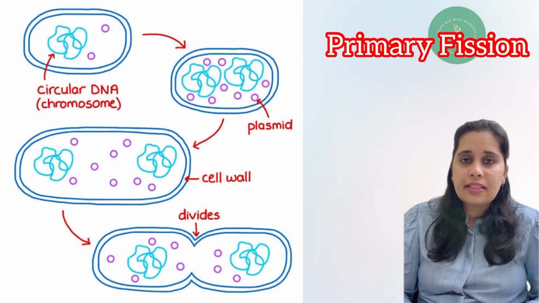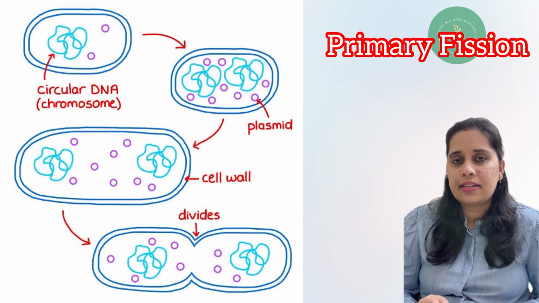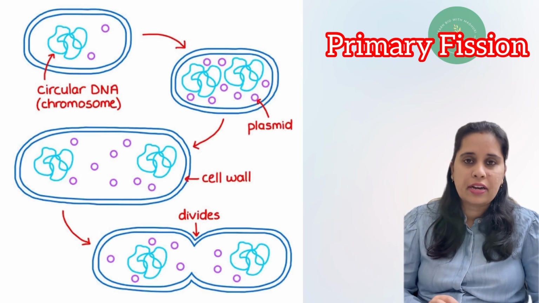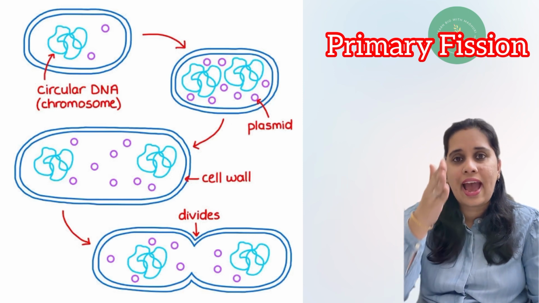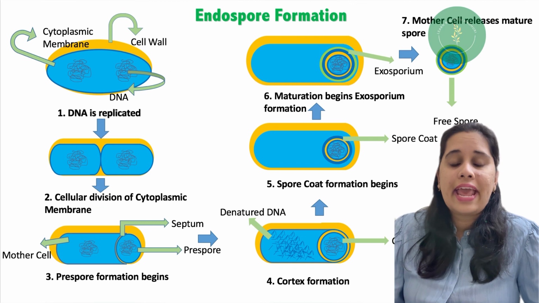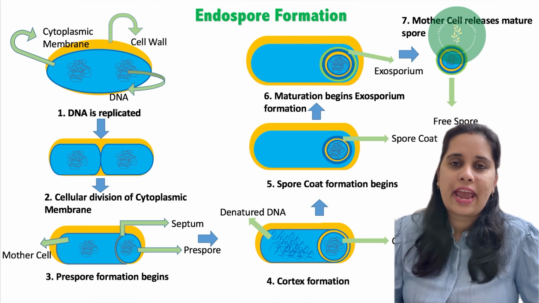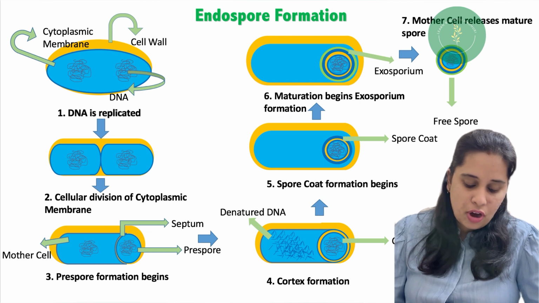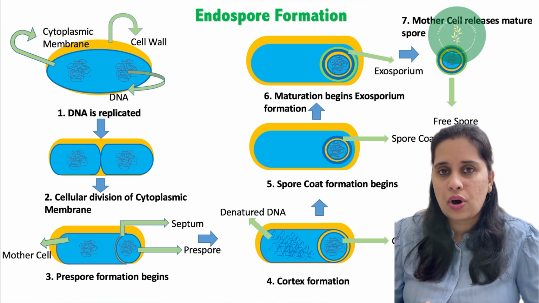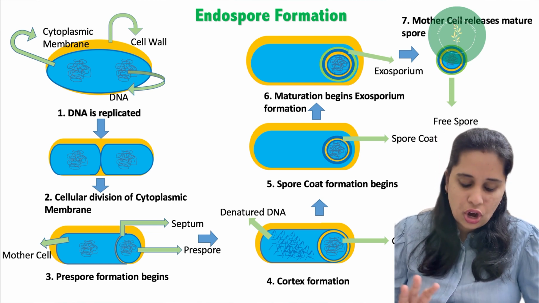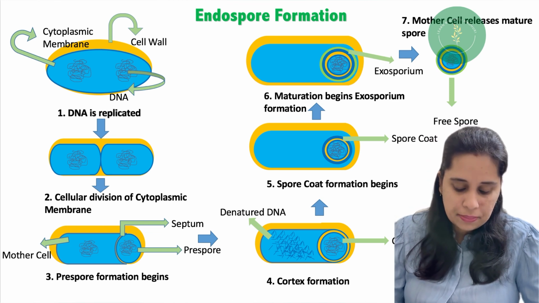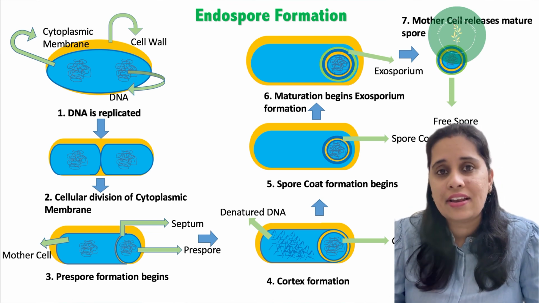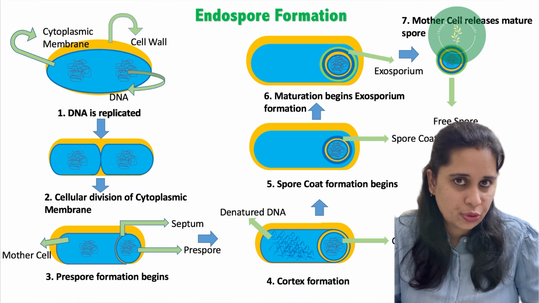That means the bacterium, as you can see on the screen, is being divided both laterally and longitudinally. The next asexual method is endospore formation. Here the bacterium forms a very thick-walled, resistant, dormant structure during unfavorable conditions only.